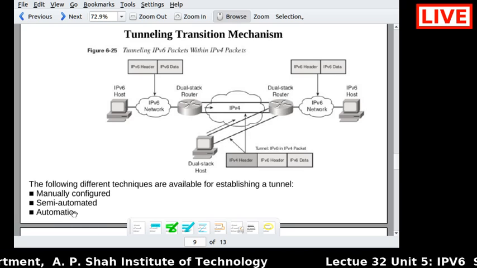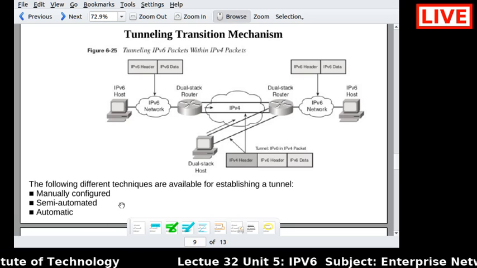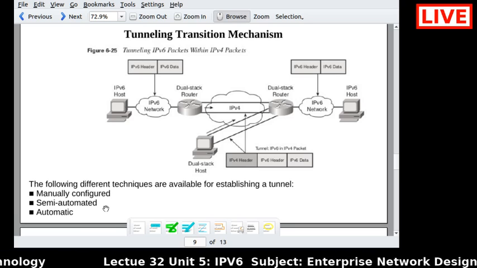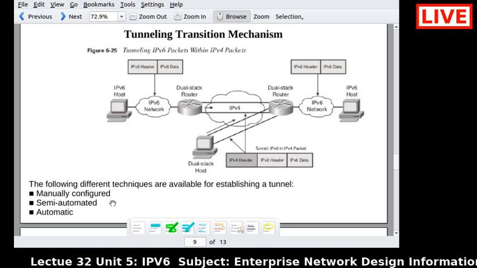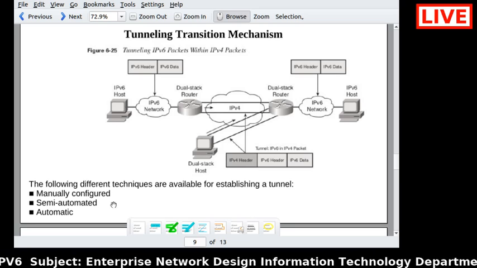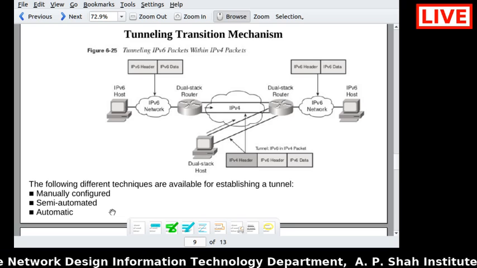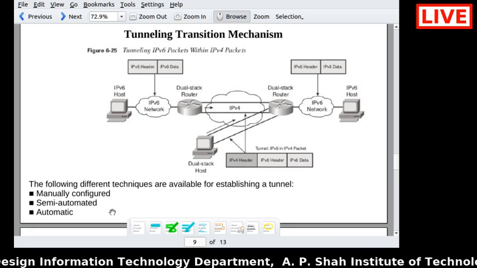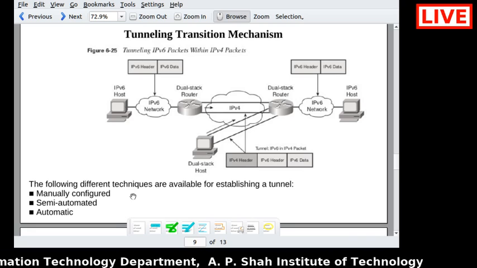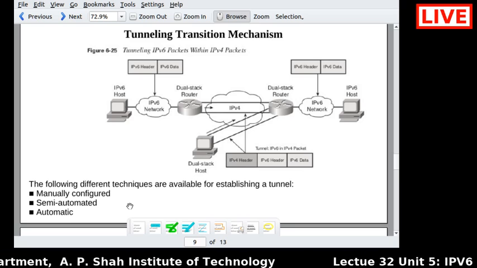And then the third one is your automatic, right. So various automatic mechanisms are also there. If you see, the IPv4 compatible mechanism is there, which will dynamically use these IPv6 compatible IPv6 addresses, right. Because it does not scale, this particular mechanism is appropriate only for testing, right.